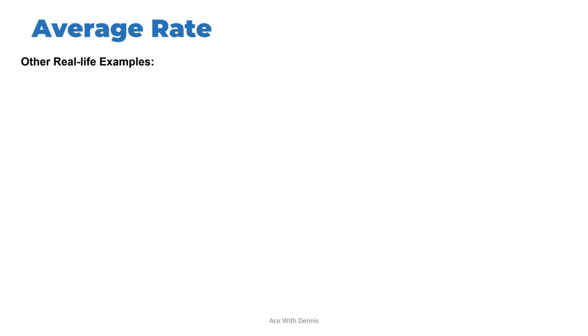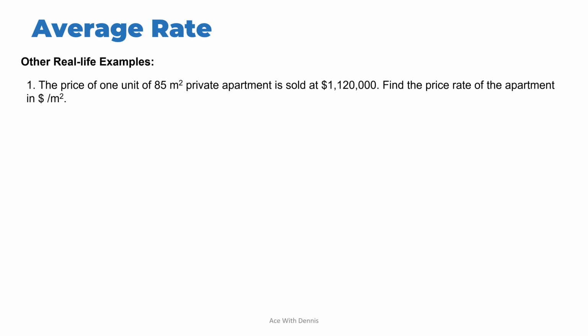Here are a few more real-life examples. 1. A private apartment of 85 square meters is sold at $1,120,000. Find the price rate of the apartment in dollars per square meter.